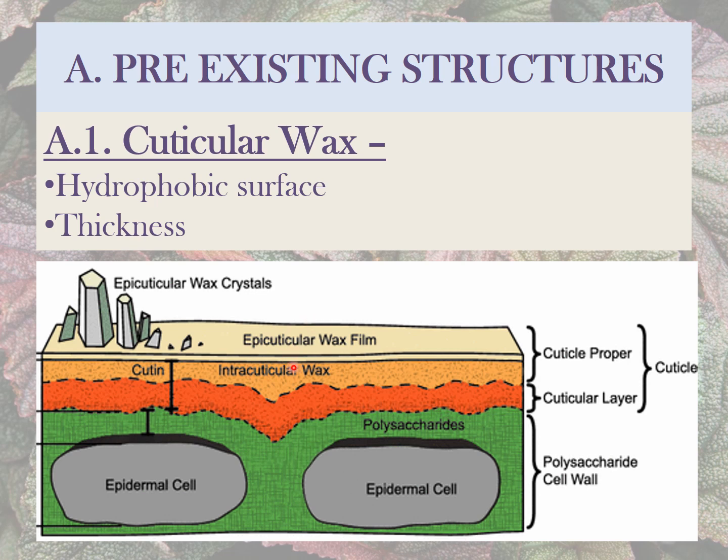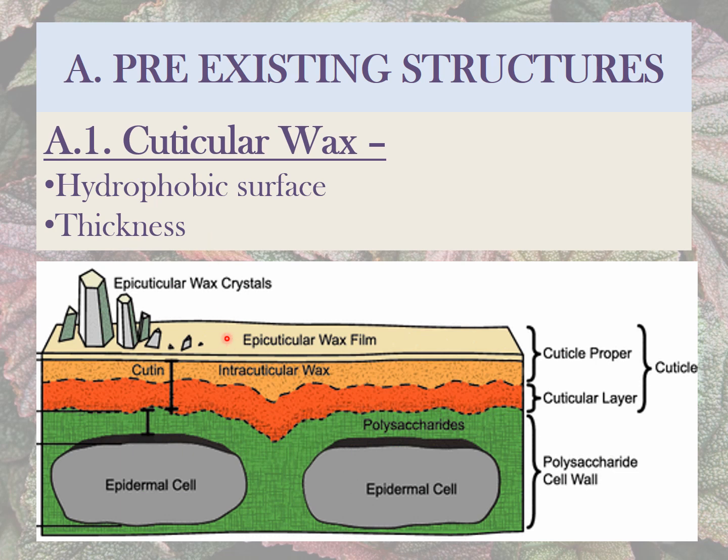Now, why is it important to prevent the exit of the pathogen? Because if the pathogen cannot exit from the tissue where it has caused the primary infection, then it cannot cause secondary infection in other parts of the plant or in the neighboring plant. So secondary infection can be controlled or at least reduced due to the thickness of the cuticle. So, the first pre-existing structural defense mechanism is cuticular wax.